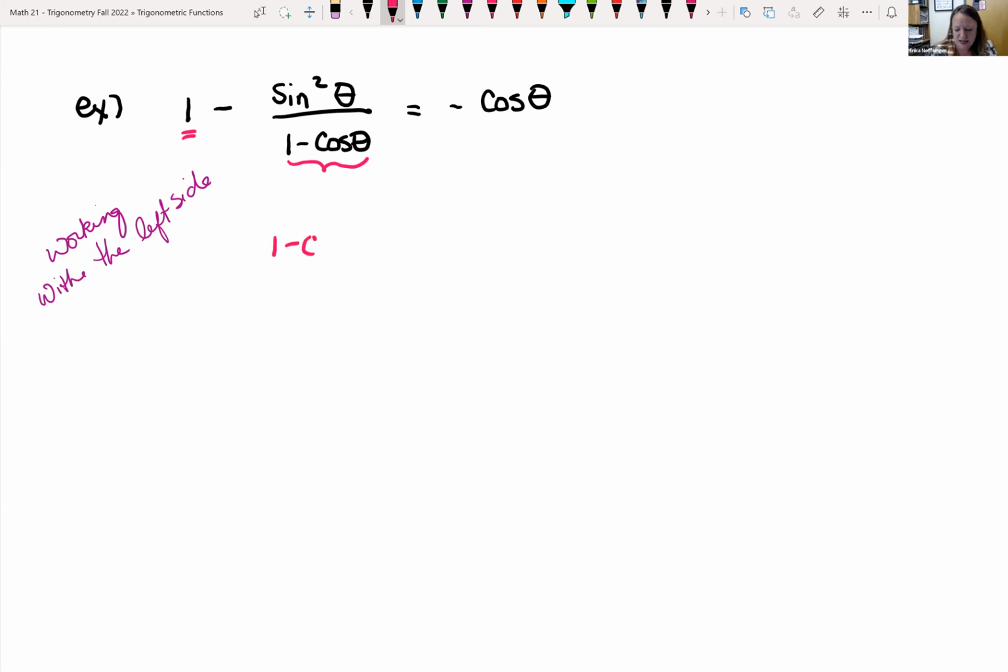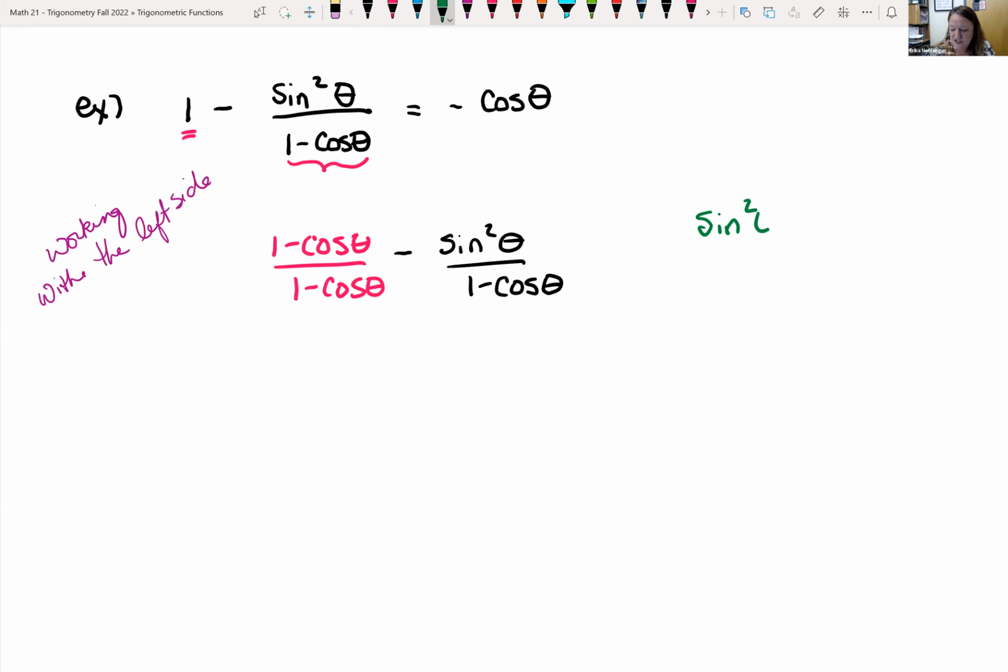So 1 minus cosine theta all over 1 minus cosine theta, minus sine squared theta all over 1 minus cosine theta. I notice I don't have any sines on the right-hand side, which I'm trying to get. And so let's rewrite sine in terms of cosine.